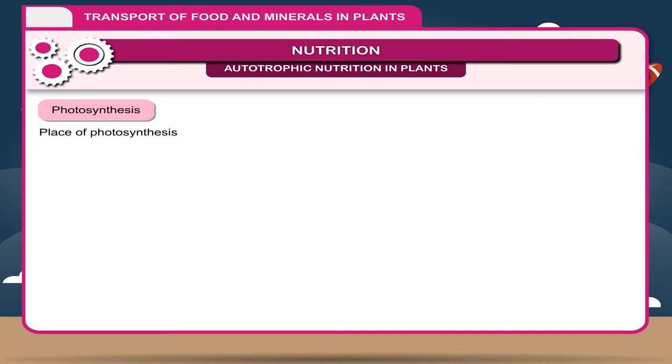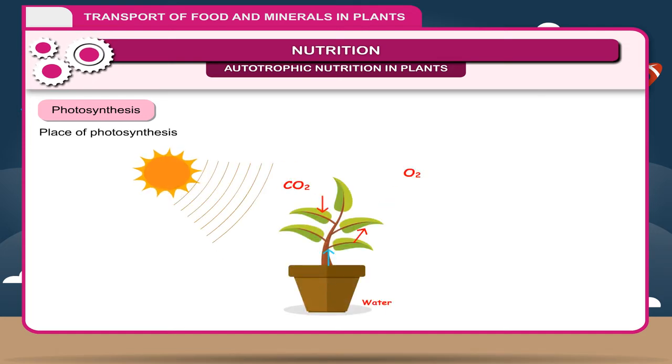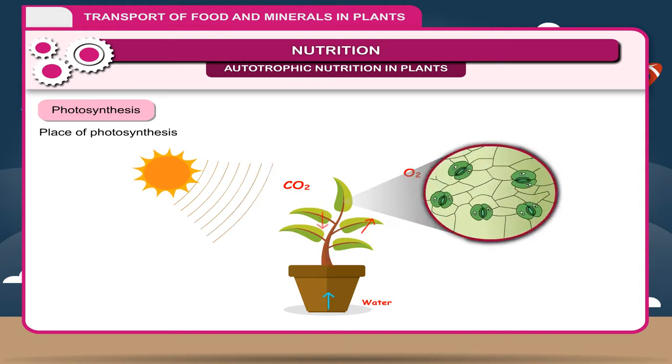Place of photosynthesis. The phenomenon of photosynthesis takes place in the green parts of the plant. It occurs mainly in the leaf and sometimes in the green stems. The leaves have certain structures which help in photosynthesis. The leaf has the following important structures that are helpful in photosynthesis. 1.